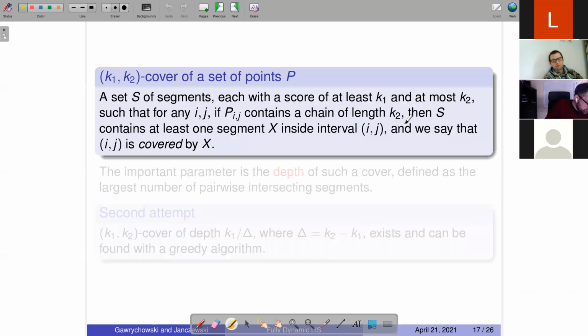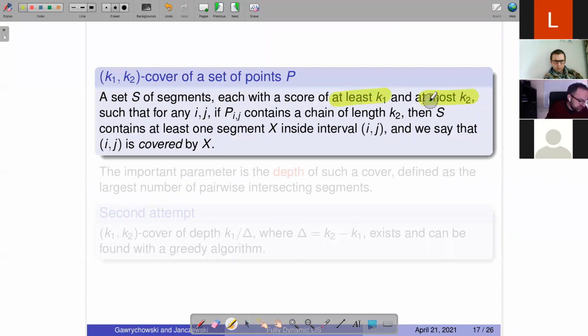So we introduce a notion of covers. It's a k1, k2 cover for a set of points or an array, it's all the same. It's a set of segments. A segment is just a range of x coordinates. And in each segment, there should be a chain of score at least k1, at most k2.